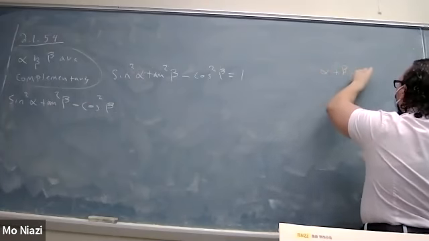This is supposed to end up equaling 1. Can we set it equal to 1 yet? No, you can't, right? If this was a plus, you could, but it's not. So what do we do?